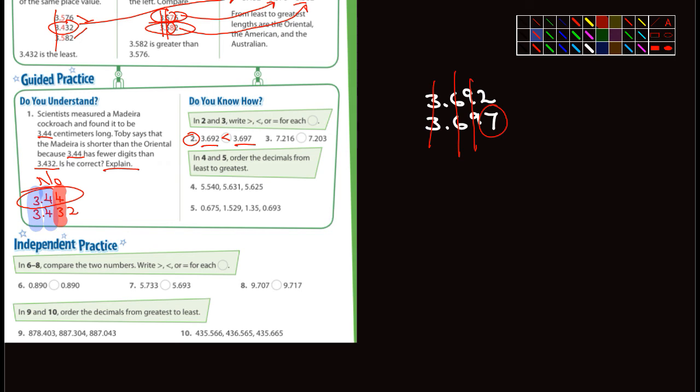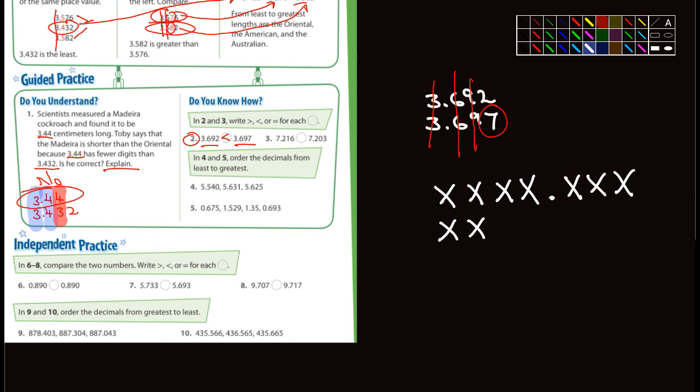So let me explain it one other way here. I'm just going to use x's in place of numbers here, okay, and a decimal, and then 3 more x's. And so here's another number that we're comparing, okay. Just start looking at the digits and look for a difference.